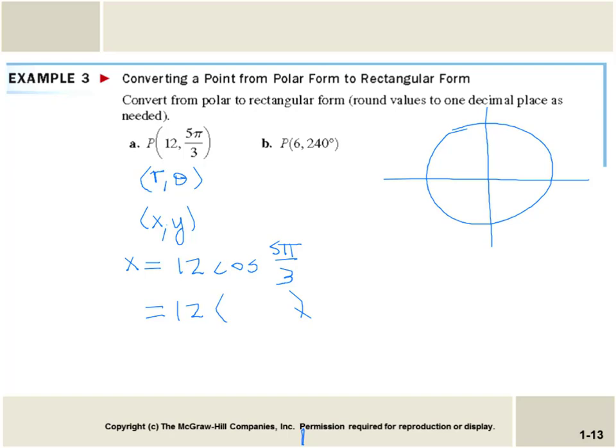Okay, so this is 0, this is pi, this is 3 pi over 2, this is pi over 2, right? So 5/3, is that more than 1 or less than 1?